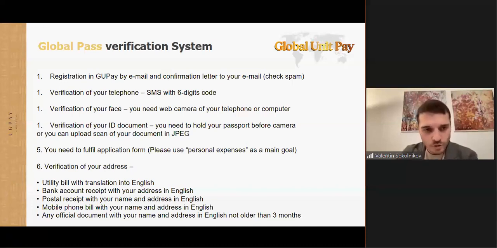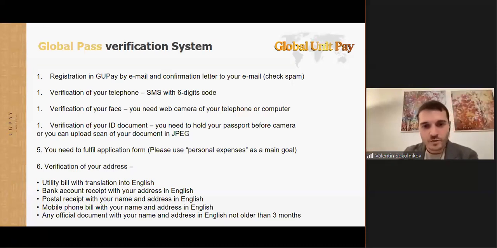And for you to understand, Global Pass is a global system. When you are registered, you are inspected in different areas. And when you register, you press a button.